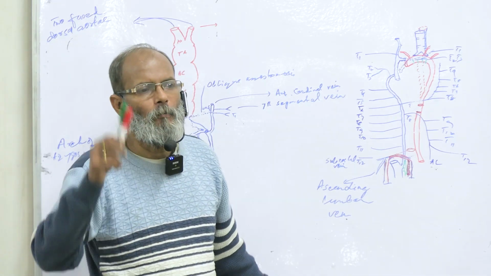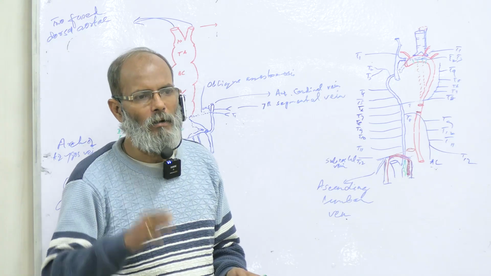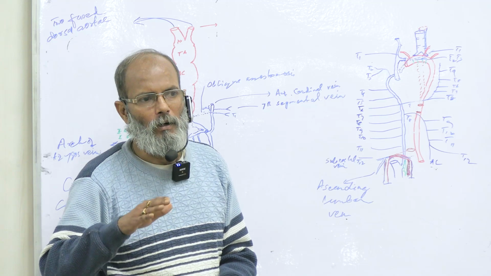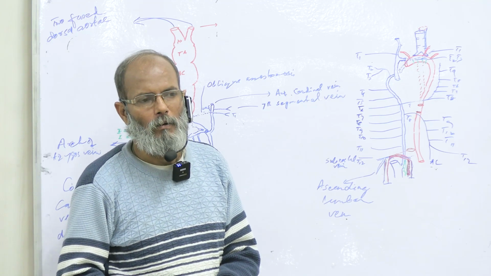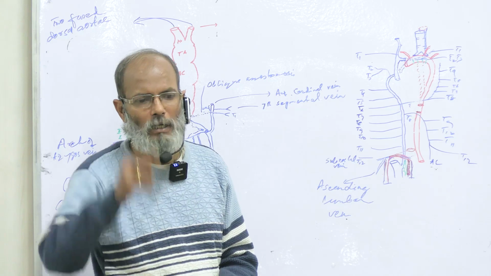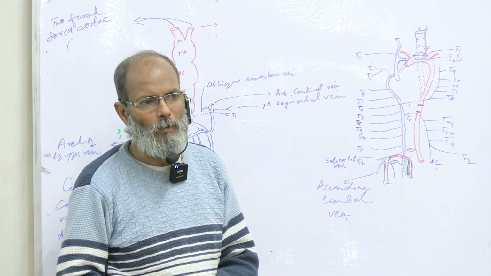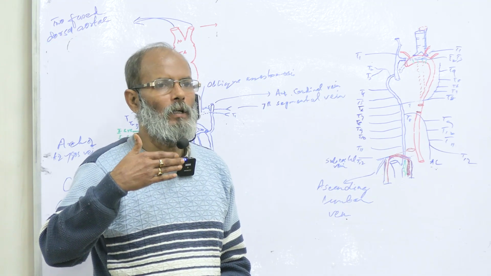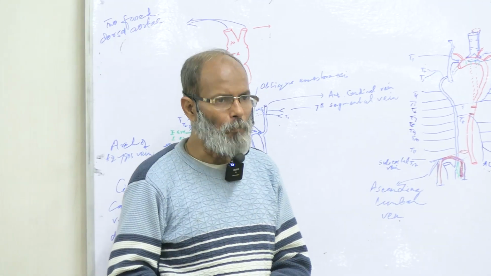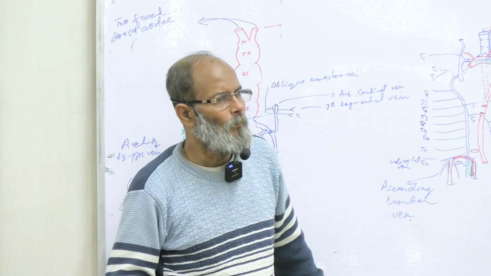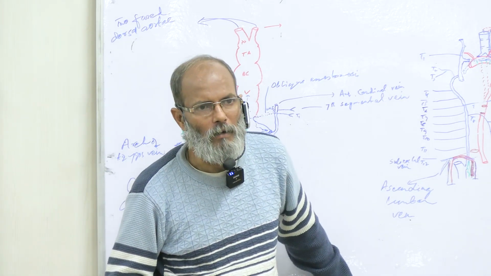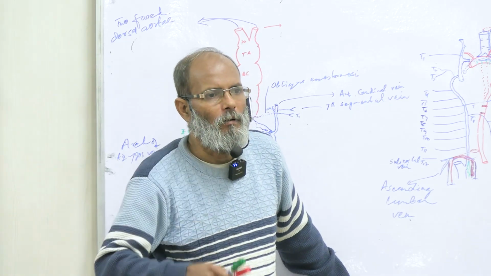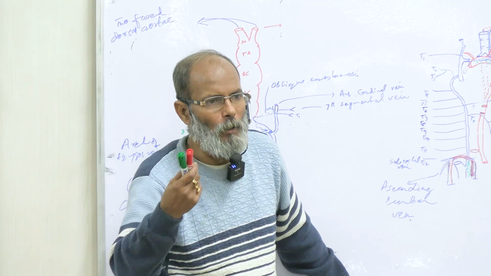So the azygous vein is in the posterior mediastinum. It is posterior mediastinum that the azygous vein is running. It is lying even behind the sympathetic chain and the thoracic splanchnic nerve. This azygous vein, this vein moving up, at which level?